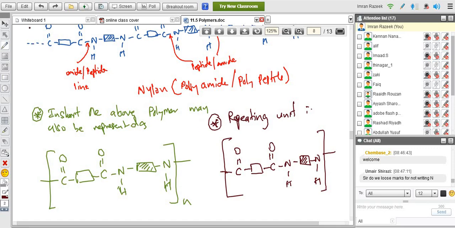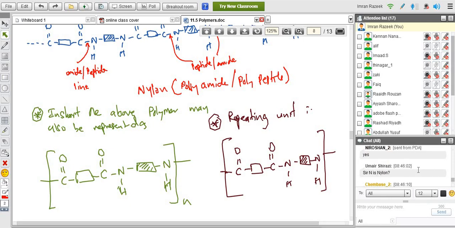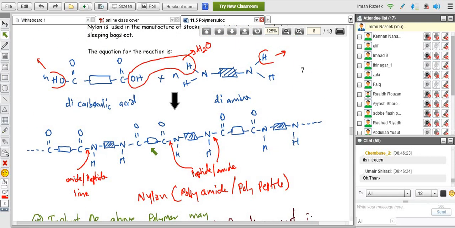The N here stands for many. There's a question: N is nylon? No. N here means many, and in the diamine, the capital N is nitrogen. The simple N here means many.